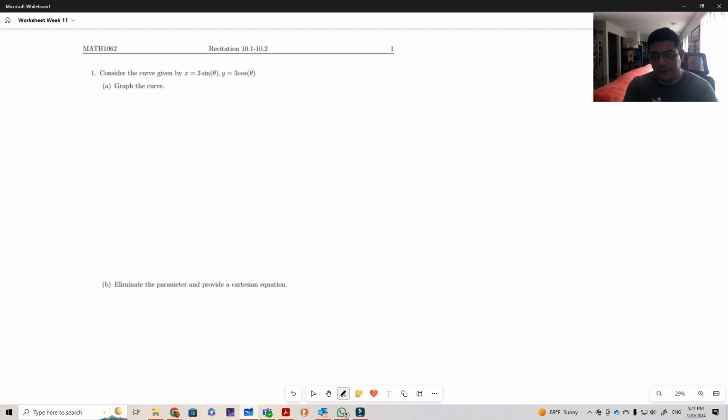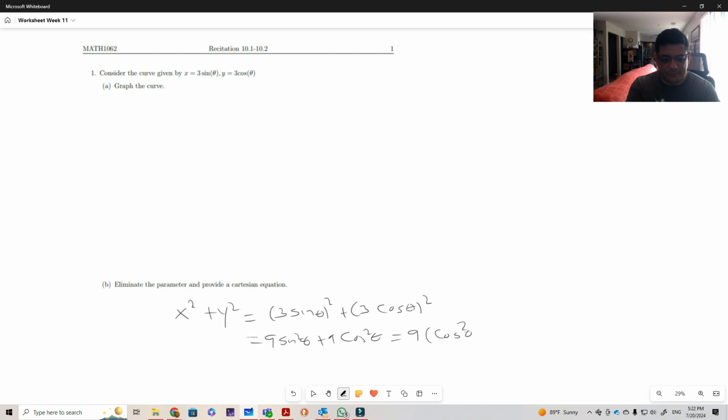Notice that when we square x and add the square of y, we get 3 sine theta squared plus 3 cosine theta squared, which is equivalent to 9 sine squared plus 9 cosine squared. Now I can factor out the 9, and I get 9 times cosine squared plus sine squared.